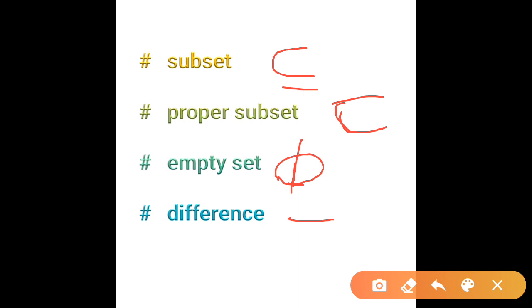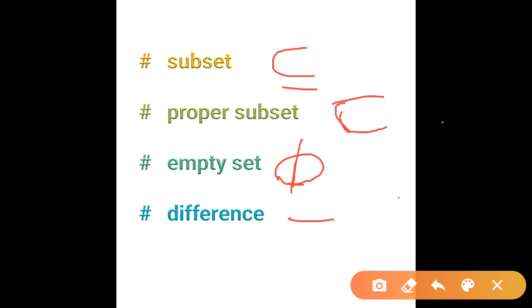Okay, so yesterday we were seeing belongs to, does not belong to, union, intersection. But today we are seeing subset and proper subset, empty set, and difference, meaning minus. So remember, we are in the set chapter, part 2, and the topic is symbols.